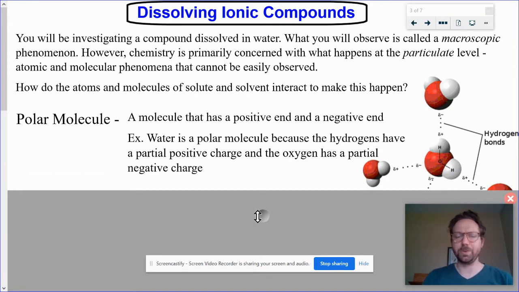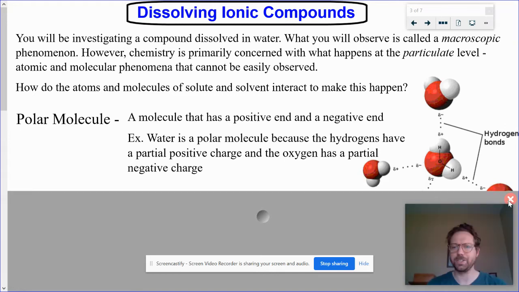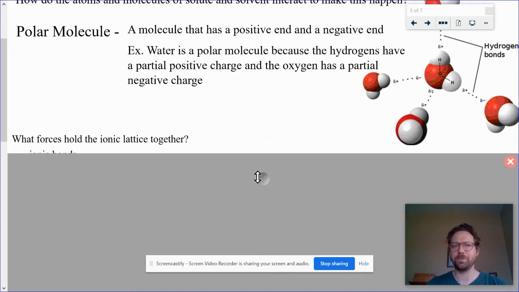And just to remind you, water has a polar behavior in that it has part of it that is positively charged and part of it that's negatively charged. And what that does is it creates an interesting orientation between water molecules, and it creates these intermolecular forces called hydrogen bonds. The hydrogen bonds are formed by the positive hydrogens of one molecule and the negative oxygen of another water molecule.